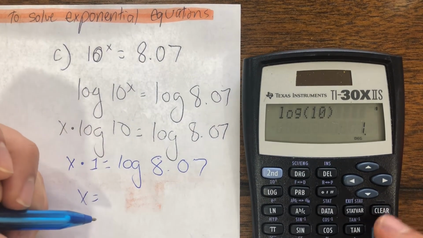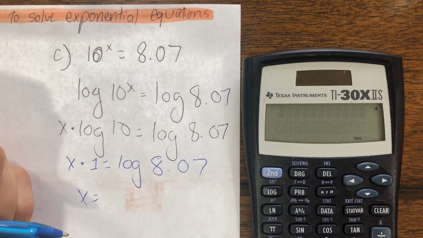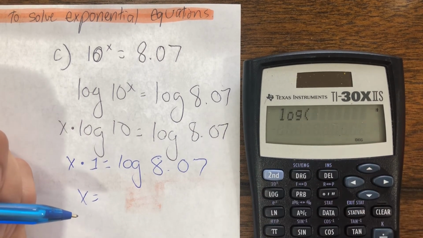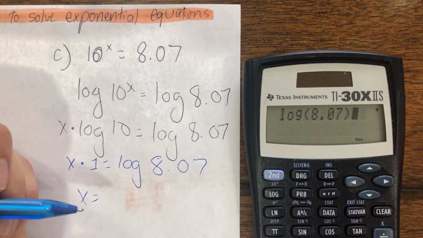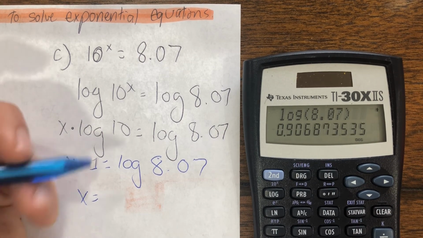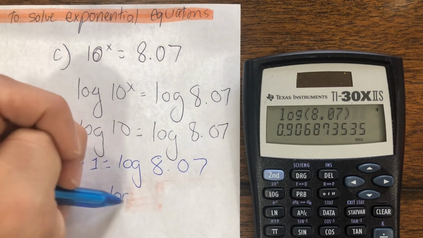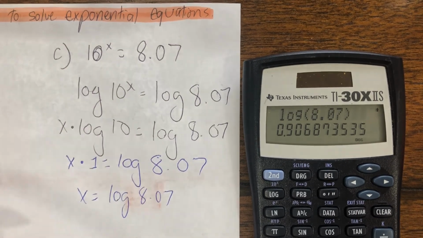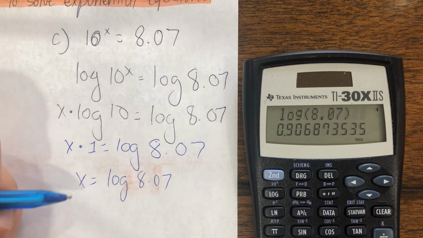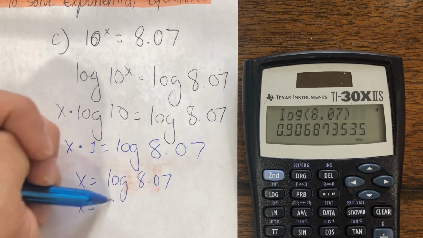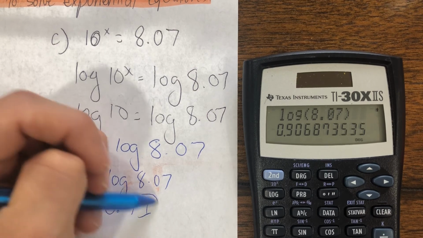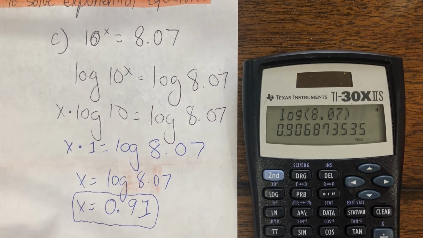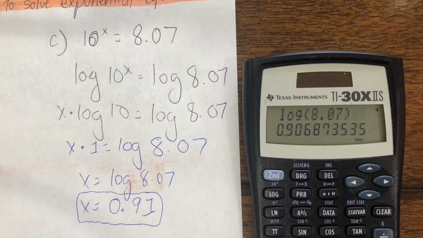So if I plug that in my calculator, log of 8.07, I get 0.9. So I'm going to rewrite log of 8.07, and then if I plug that in my calculator, x is going to equal 0.91. So this would be my final answer.